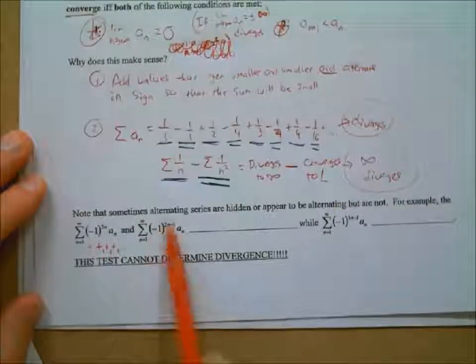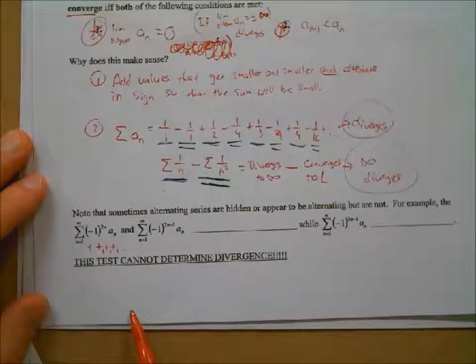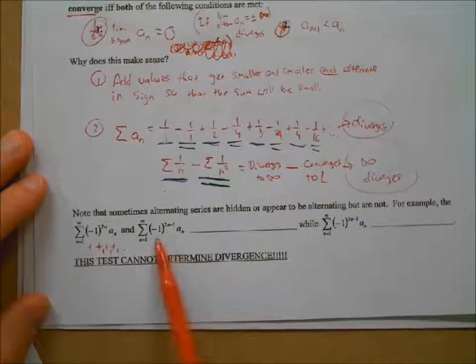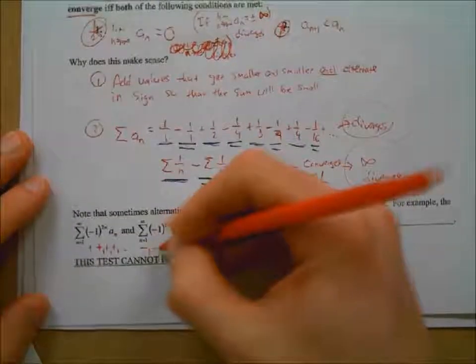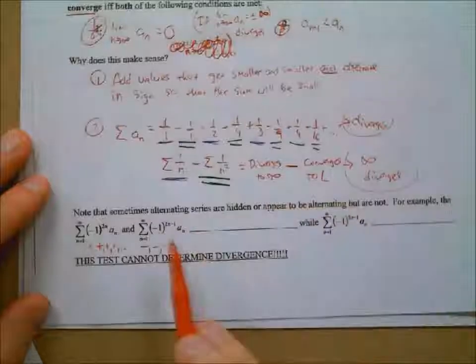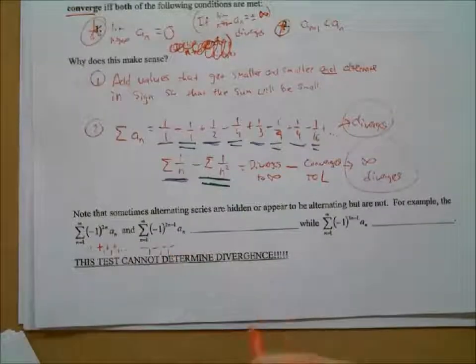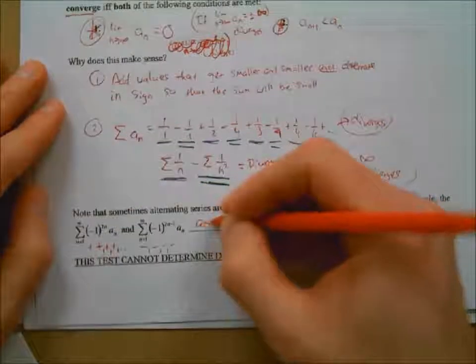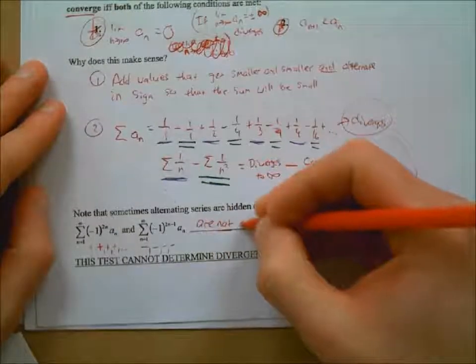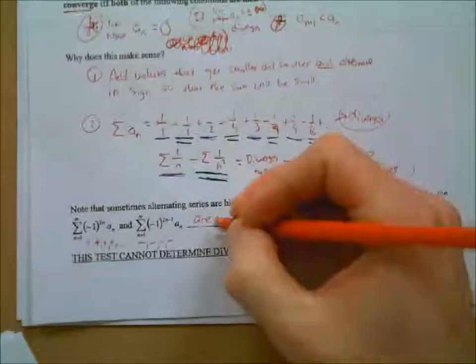Same thing here, right? No matter what you put in here, what's going to be the case? It's going to be all negatives, right? Negative, negative, negative, negative. Because anytime you take a number, multiply by 2, and then subtract 1, you're making it even, and then you subtract 1, that guarantees it's odd. So you'll have negative 1 to an odd power. So both of these are not alternating.